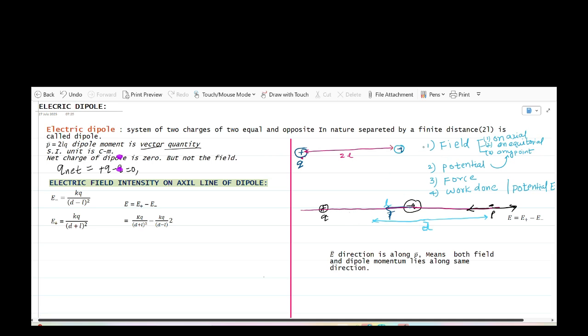So these are the main topics, and questions related to force are very important. So here force will also be found.